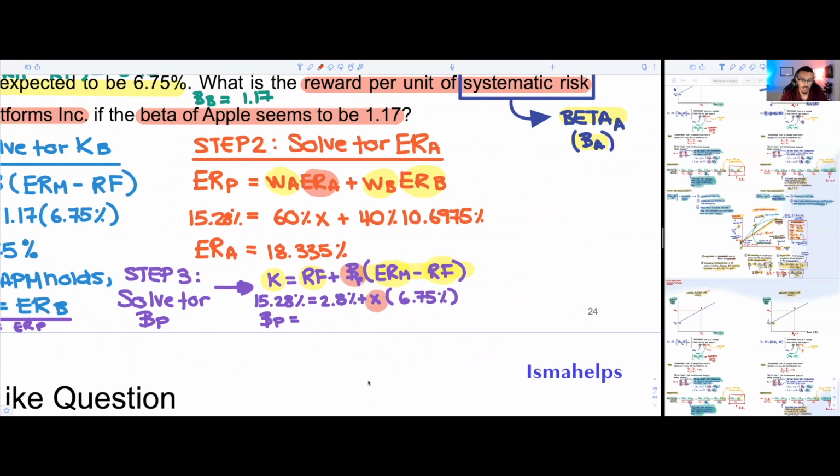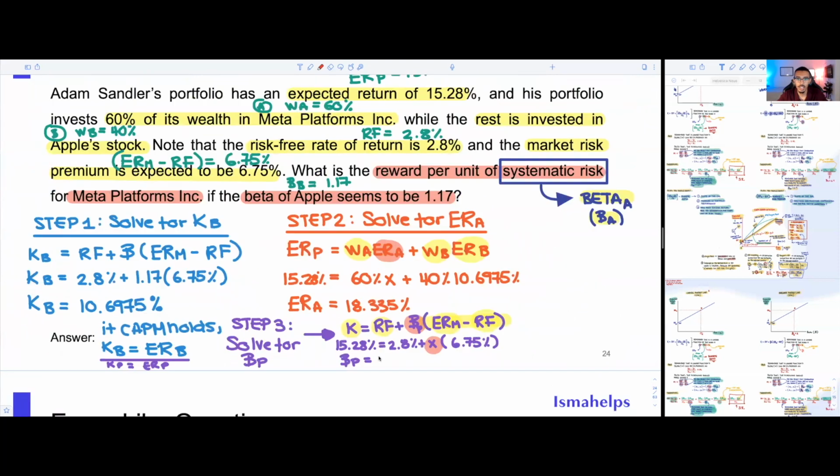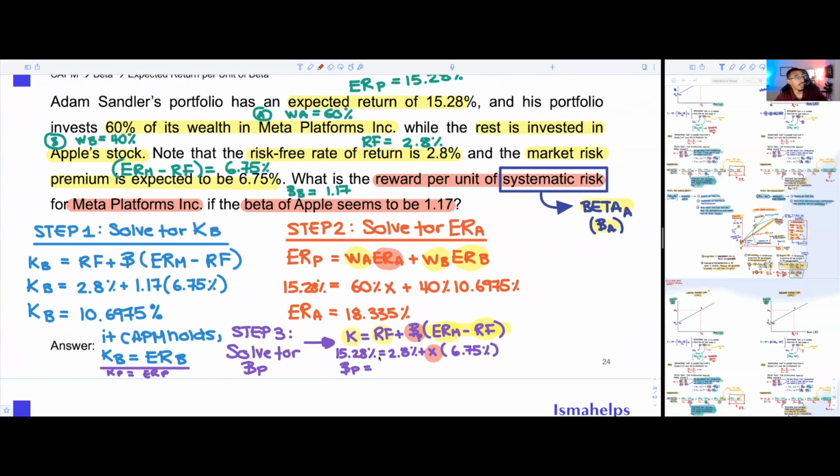Solving for X. Now, of course, you know me by now. I like to always do a quick sense check to see that I have all the information that's needed to solve the question effectively. So let's do just that. Let me just plug my stuff in. We know that the return on the portfolio is 15.28. We know that the risk-free rate is 2.8.